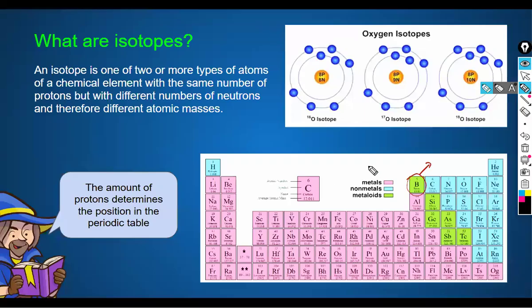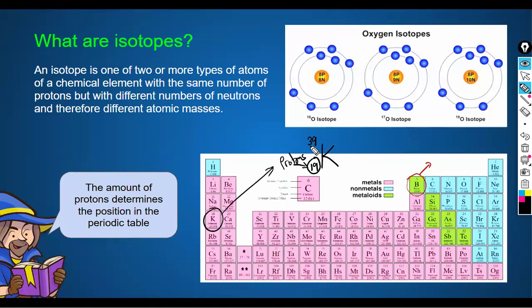Let me take the potassium because we did potassium, right? So when we extract potassium, remember, the big number was 39 and the small number was 19. The small number is the amount of protons, right? When you are naming an atom, let me say you find an atom, the amount of protons determines the name.